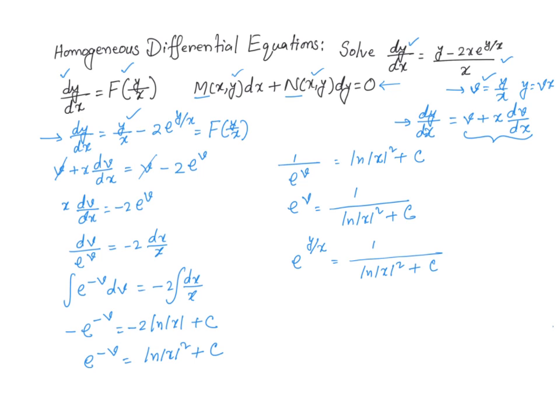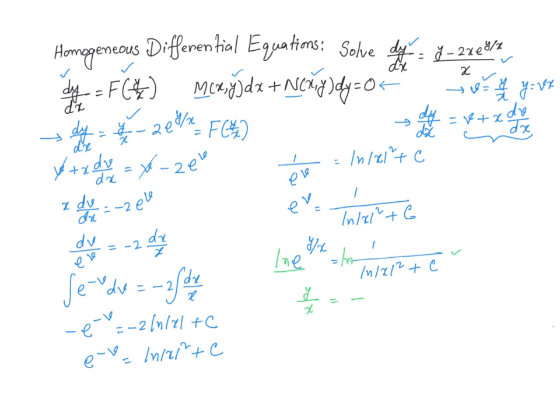Now I could go ahead and apply ln to both sides again, just to get rid of the e on the left. ln and exponential are inverses of each other. So that's going to give me y over x is equal to, by the way, using the properties of natural log, I could simplify. It's going to be ln 1 minus ln of the denominator, where ln 1 is of course 0.